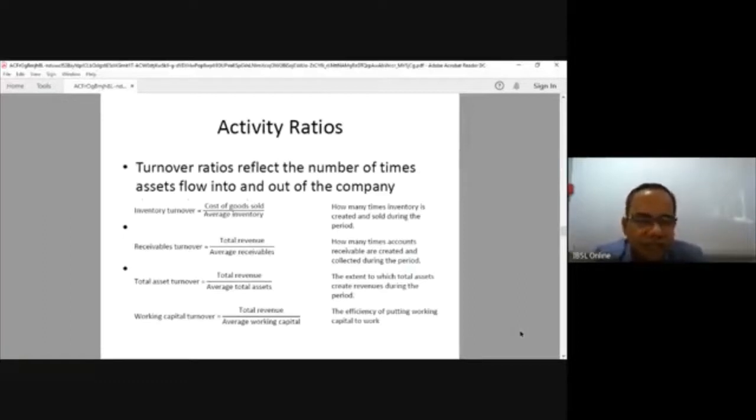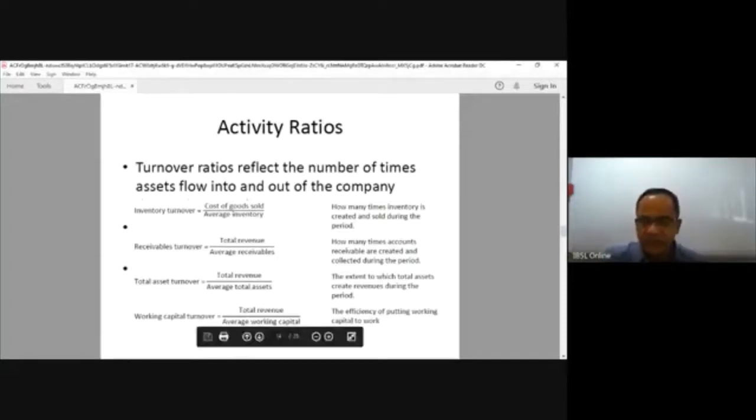Inventory turnover times: if you are mentioning it by times, you must say how many times, 6 times in this case. If it is by period, let me put it on the board for you.